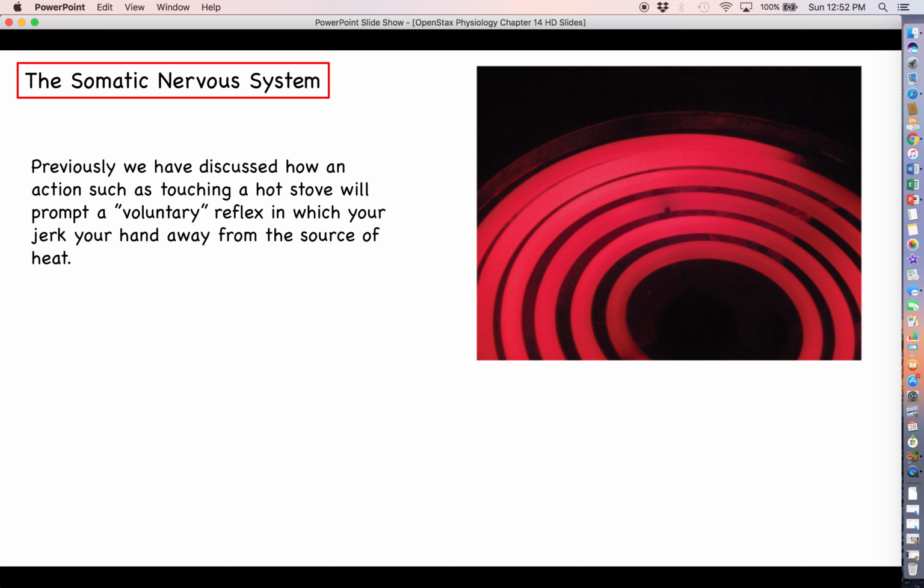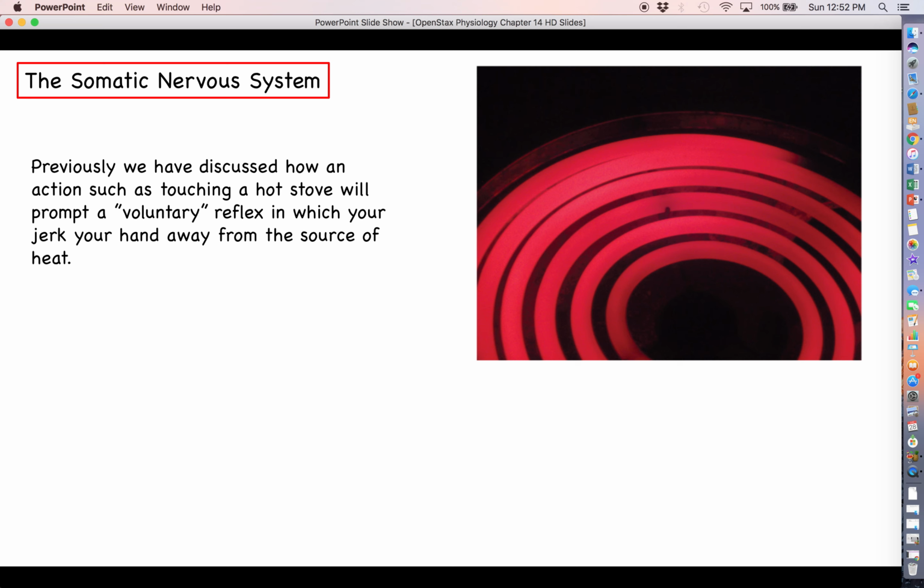So on the previous slide, basically the exact same sort of thing would apply. You're going to stimulate sensory receptors in the skin of the hand that you're using to touch the hot stove. That afferent information is going to go through your arm, into the dorsal root of the spinal cord, up ascending tracts to the brain, and then your brain is going to basically come up with the bright idea of, hey, maybe we shouldn't have our hand on the hot stove, just spitballing here, right?